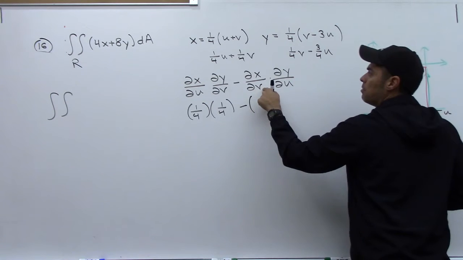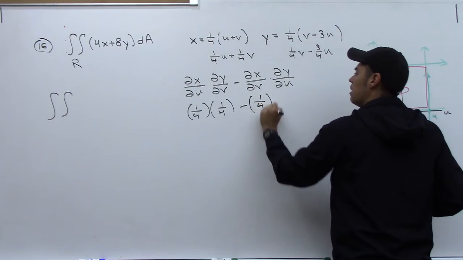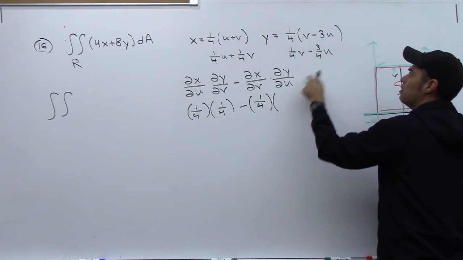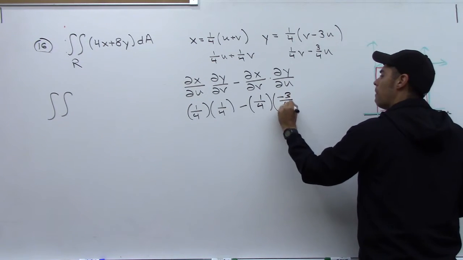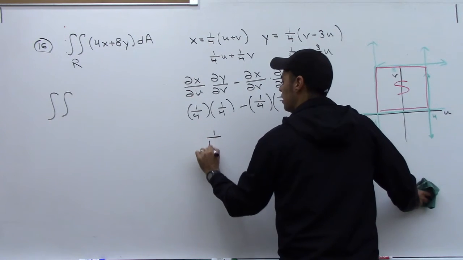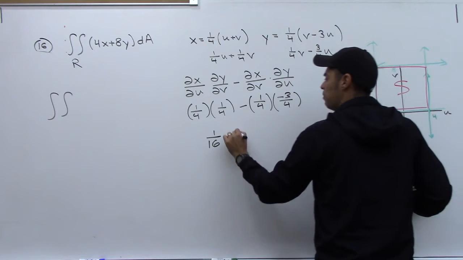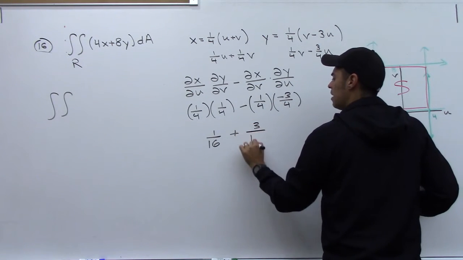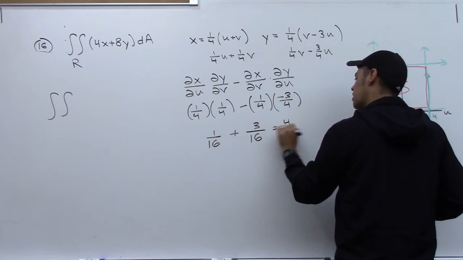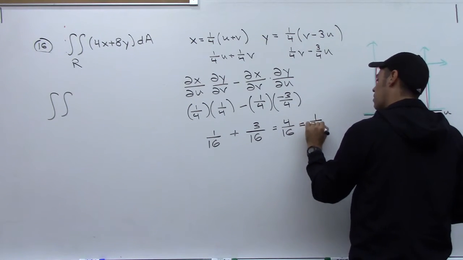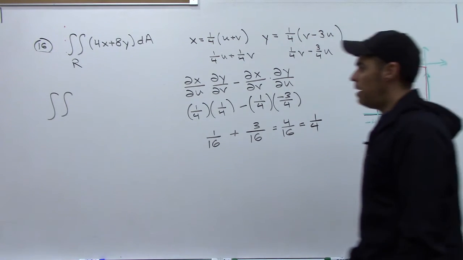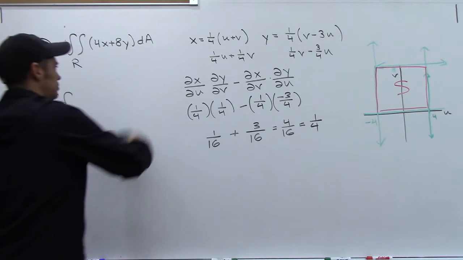Minus partial x with respect to v, which is 1/4. Then partial of y with respect to u, which is negative 3/4. So this is going to give you 1/16. Negative negative is plus 3/16, which is 4/16, which is 1/4.